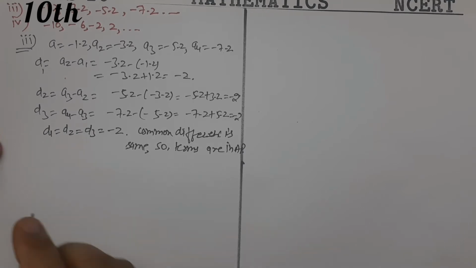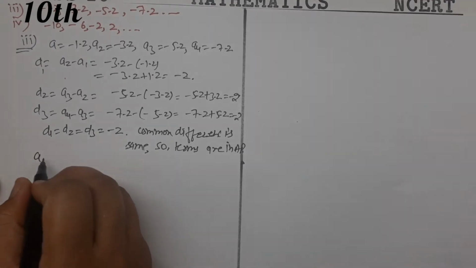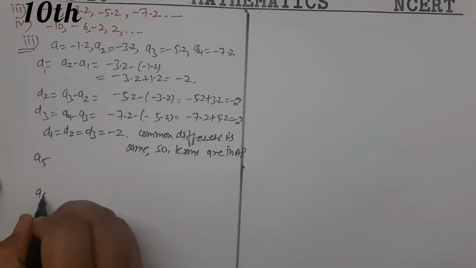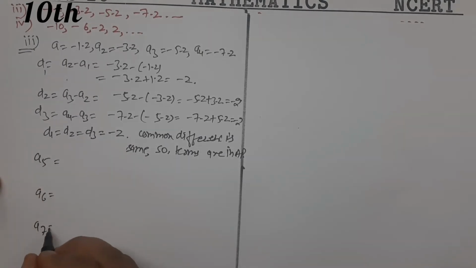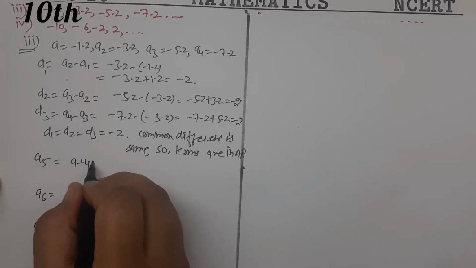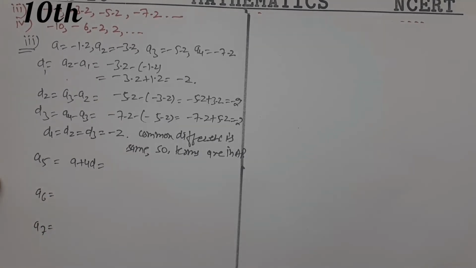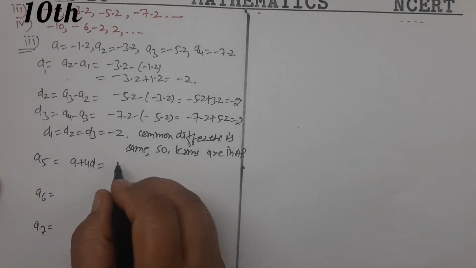If in AP, then we will find a5, a6, a7, the 3 more terms. The formula is a plus (n minus 1)d. So we can write it as a plus 4d.